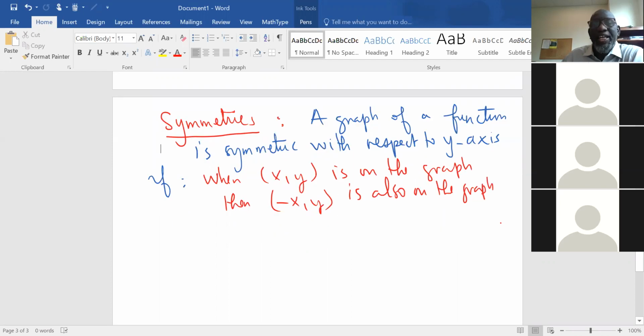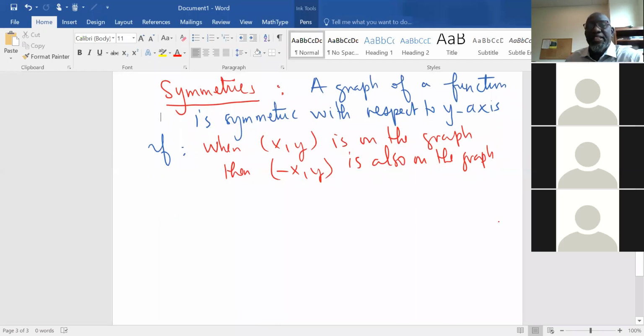Basically, x and negative x share the same y, okay? That is when we have a symmetry with respect to the y-axis.